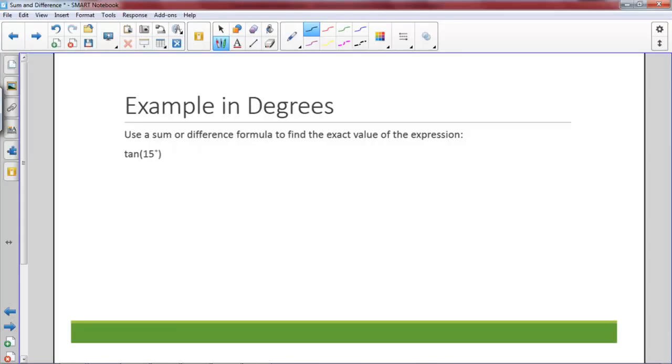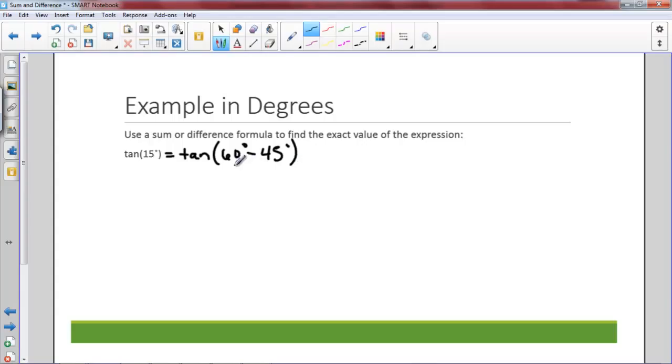Alright, this next example we have tangent of 15 degrees. So I want to rewrite 15 degrees using two angles from the unit circle. Let's say 60 minus 45 degrees. 60 minus 45 gives me that 15 degrees.